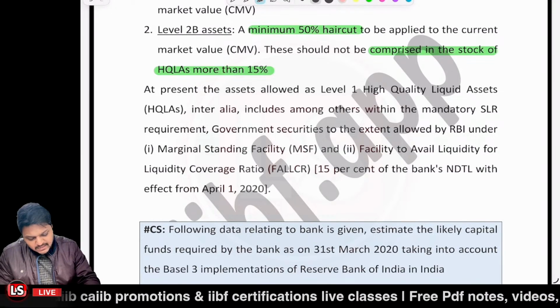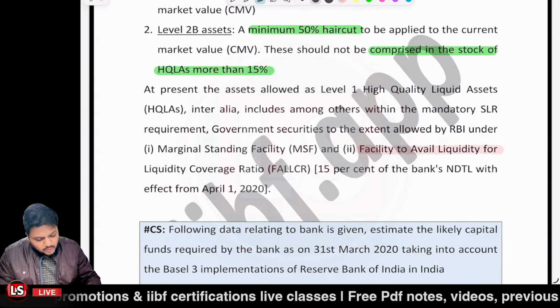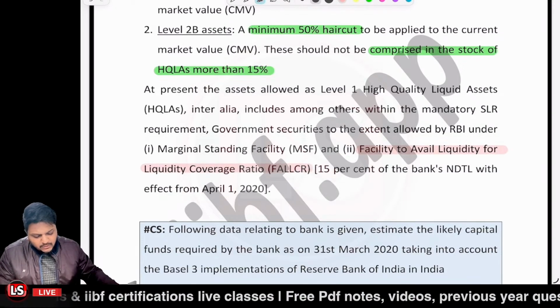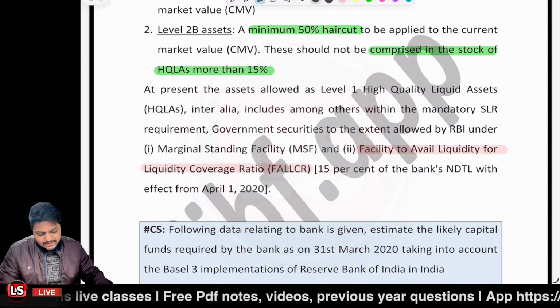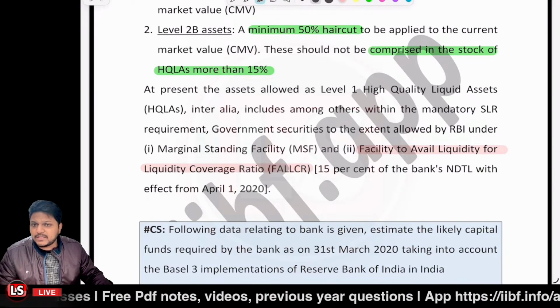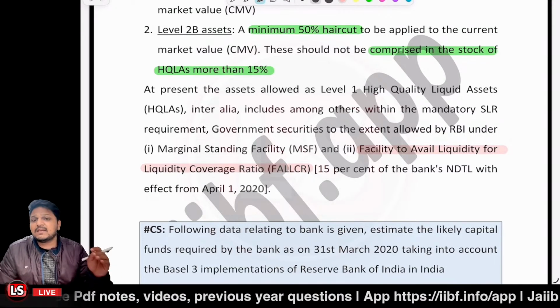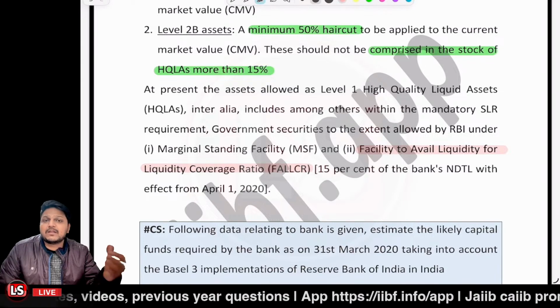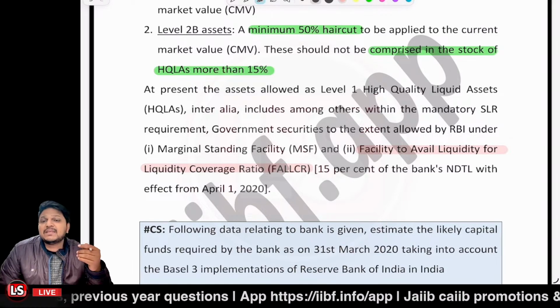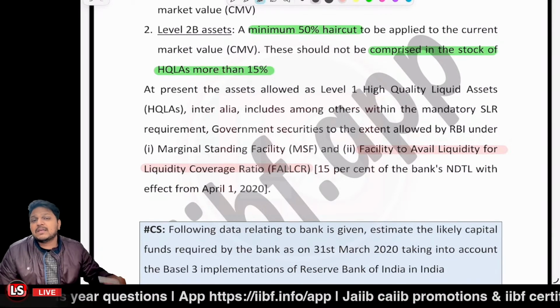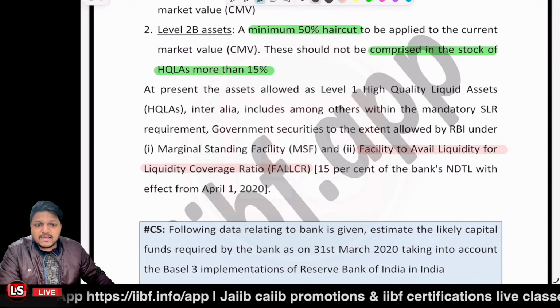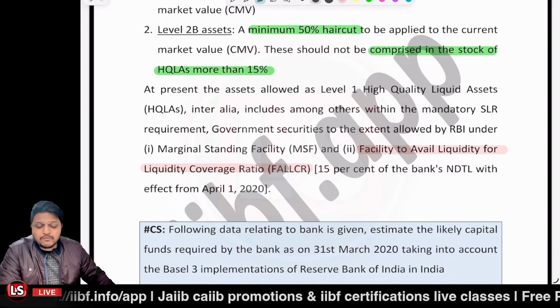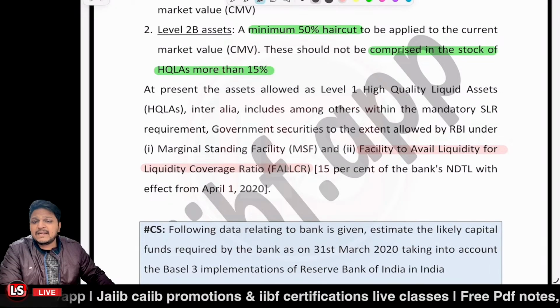Now, FALLCR is the facility to avail liquidity for the liquidity coverage ratio. Liquidity coverage ratio is something the banks are to maintain. FALLCR is basically a stress indicator measuring the adequacy of the banking capital, right? And the facility to avail FALCR is said to be around 15% of the bank's NDTL.